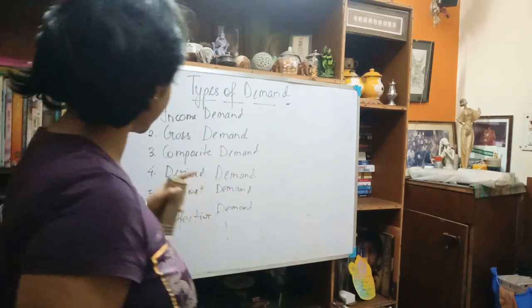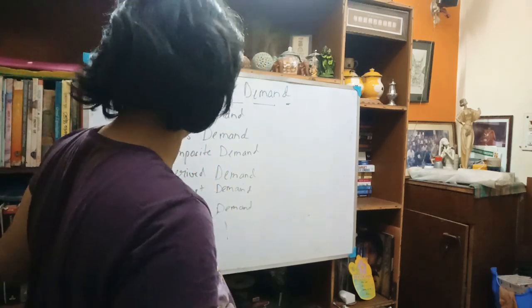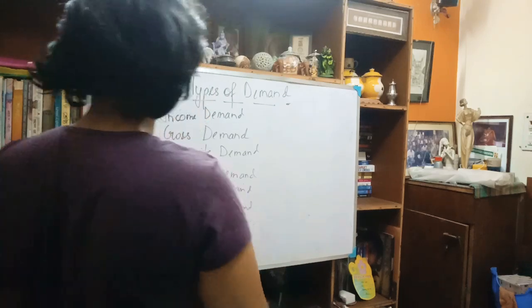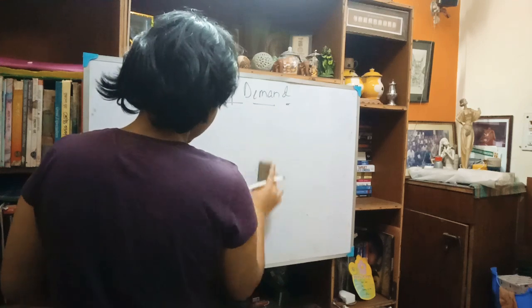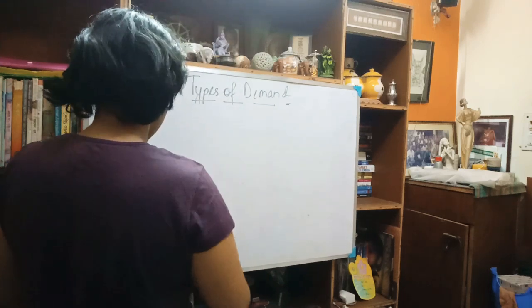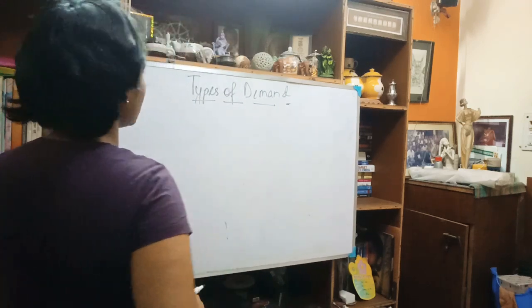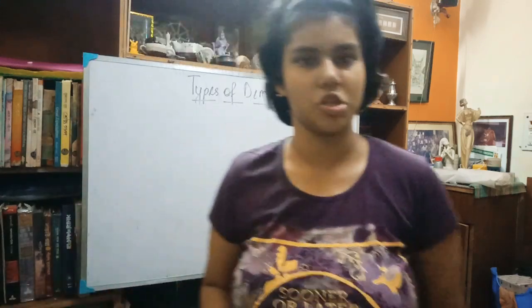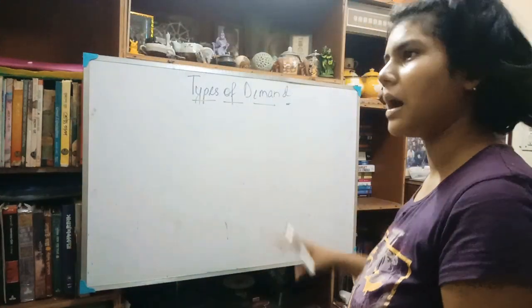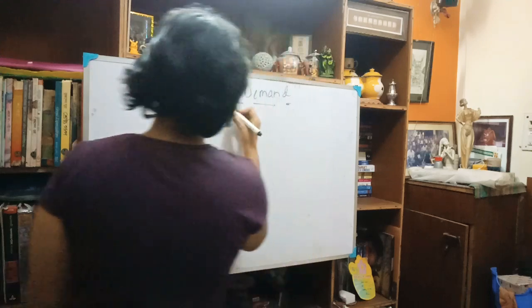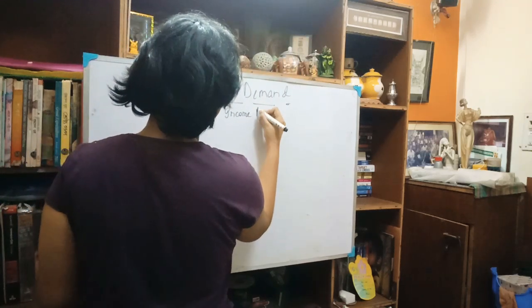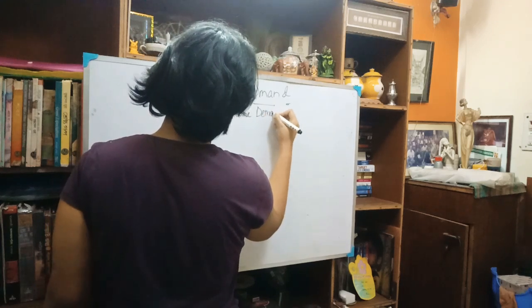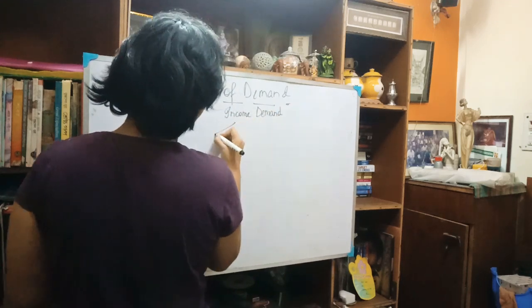Now we would be studying income demand and cross demand in detail. What is income demand? Income demand is basically the type of demand which is affected by the income of the consumer. Now, income demand has two types of goods.